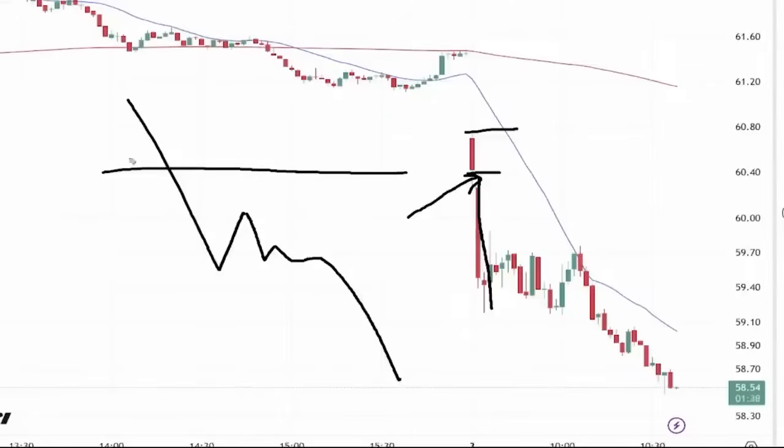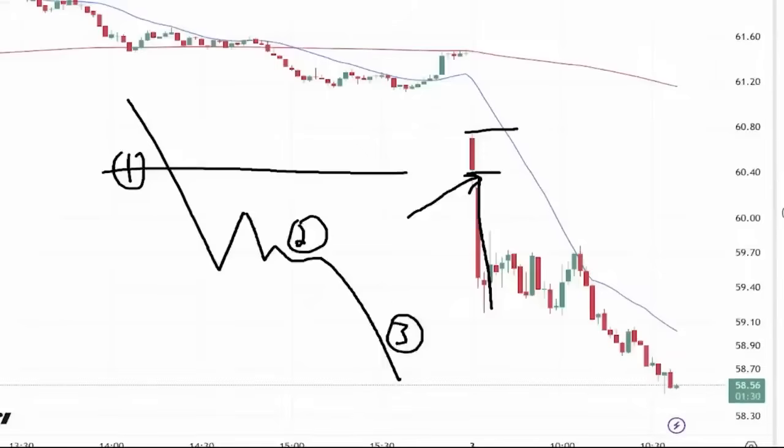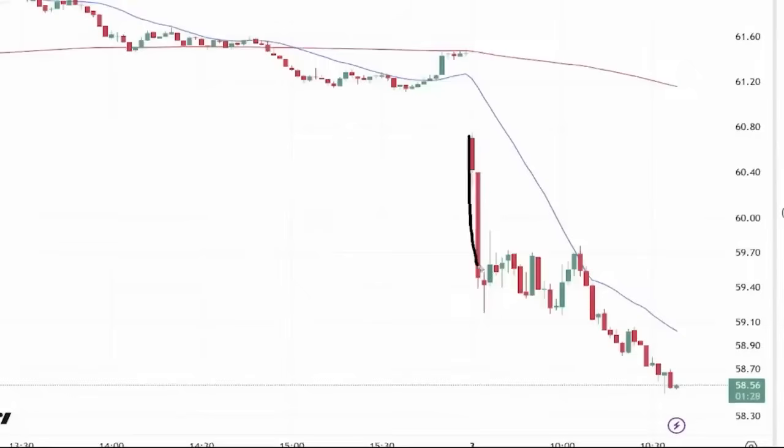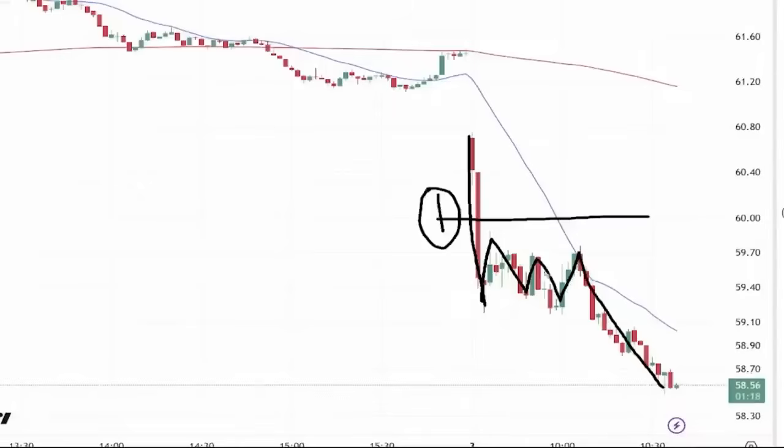That's all we're after, guys. All right. Do that again. Drop. Where's the halfway mark? Bounce doesn't break the halfway mark, and boom. 1, 2, and 3. And we're done.